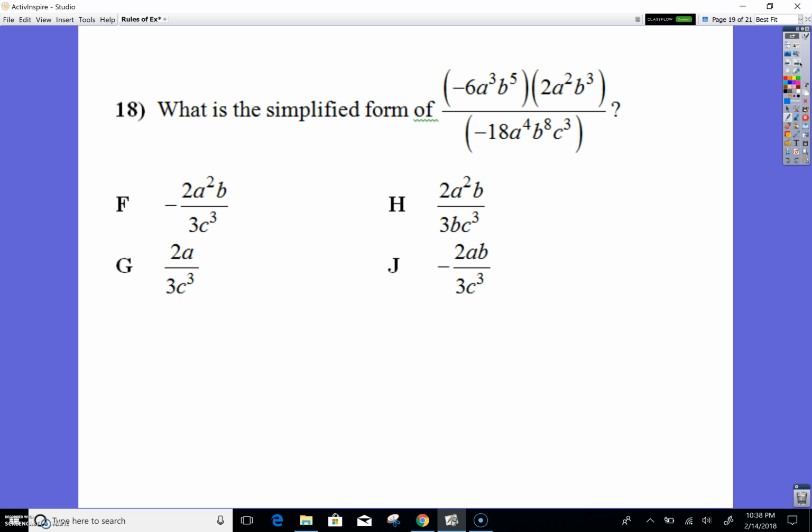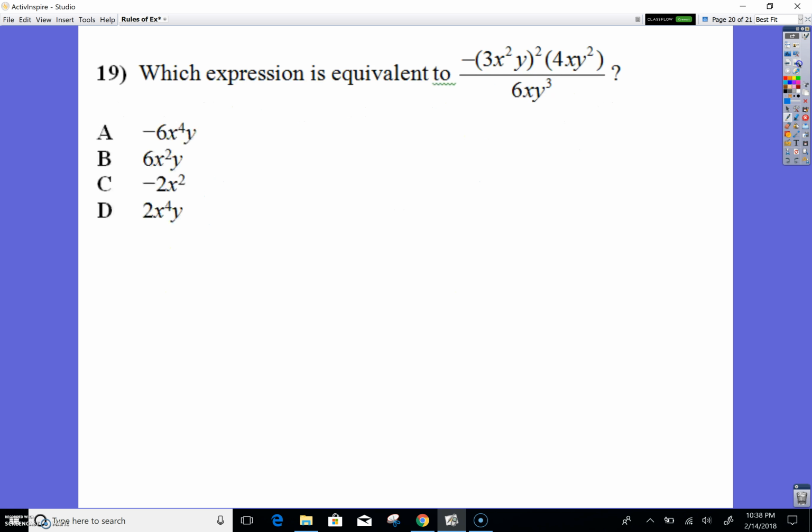Okay, it's a little harder than the other ones, but I want you to still try it, okay? And again, kind of like the other one. And we have one more.